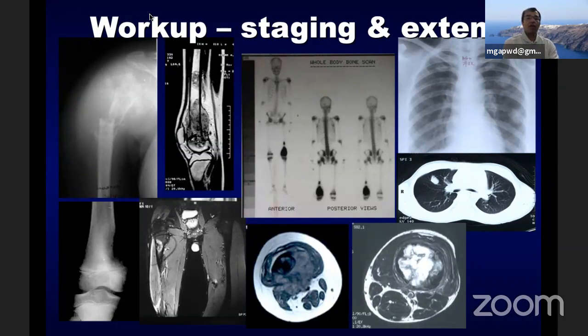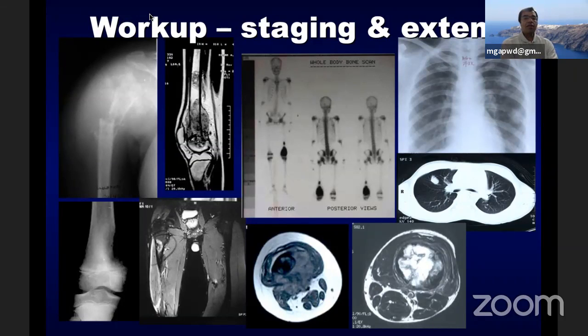So an MRI will give you information not just about the local extent of the disease and the relationship of the neurovascular bundle, but will also tell you about the skips which you can see in the same bone. It tells you the extent within the bone. It tells you what kind of resection you are going to need and allows you to plan a limb saving surgery. In many of the cases, it also tells you what would be the best area to biopsy, and therefore an MRI should be done before we do a biopsy rather than after we do a biopsy.